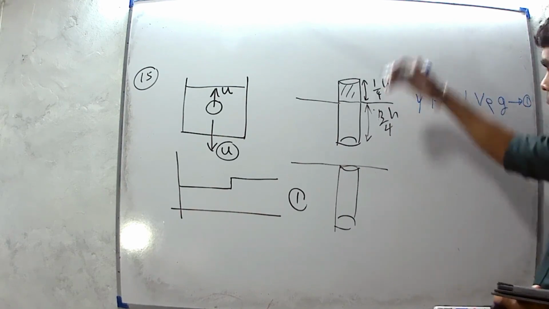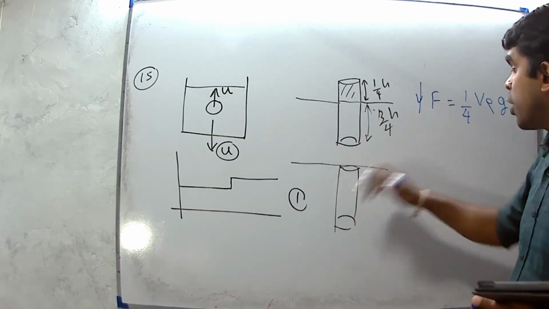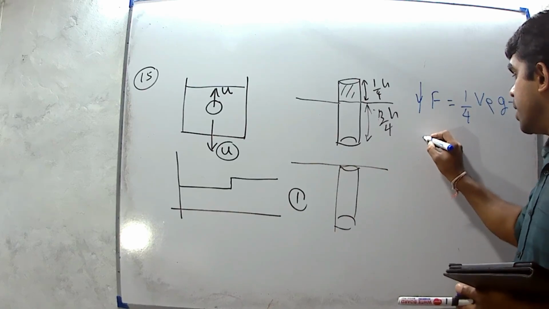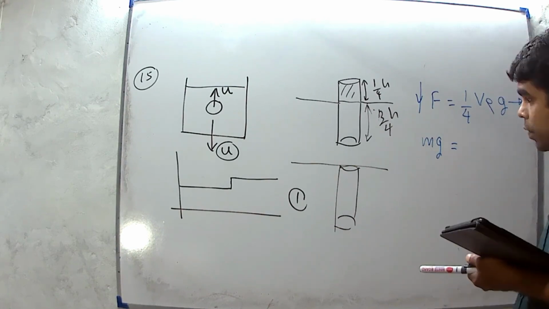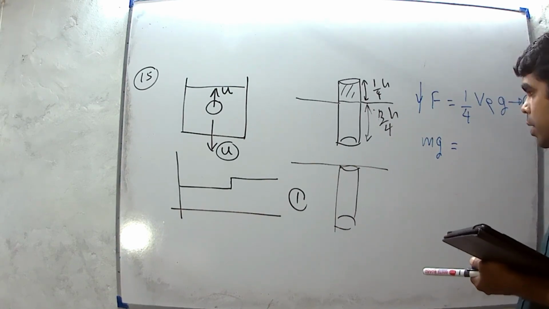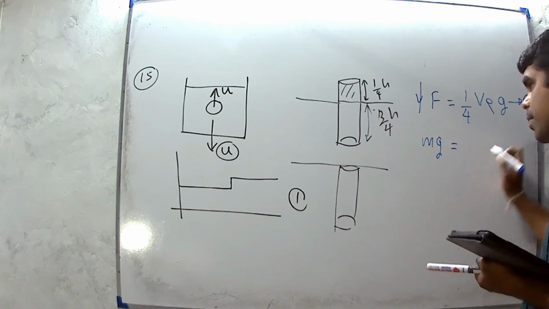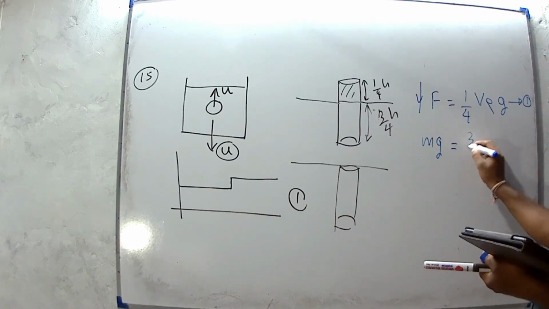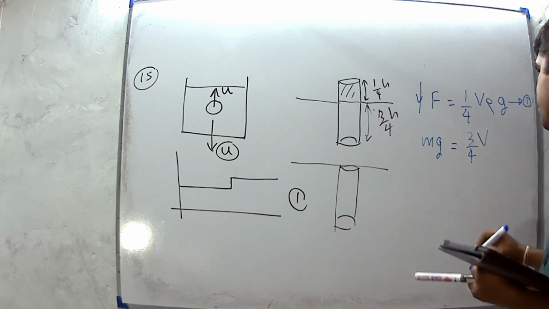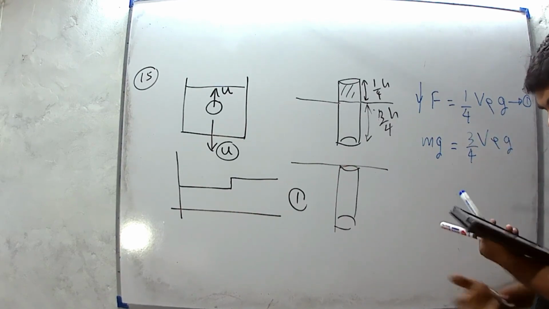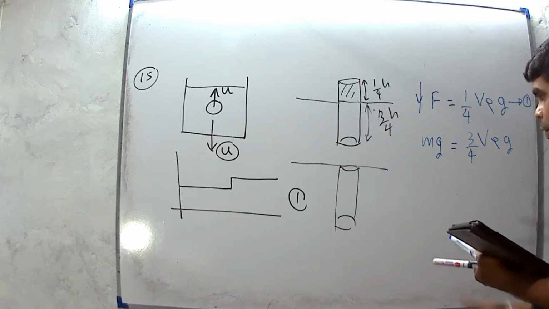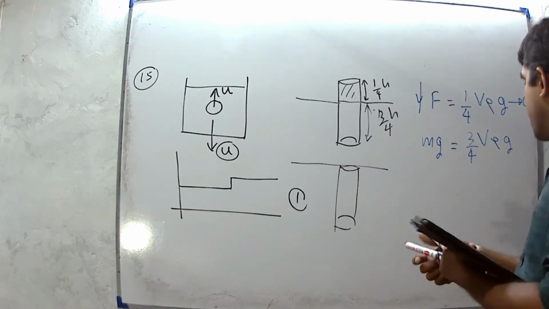Now the total weight of the object, mg, should be equal to the upthrust on this part, 3/4 of the volume, times rho g. The weight is given as 6 Newton.